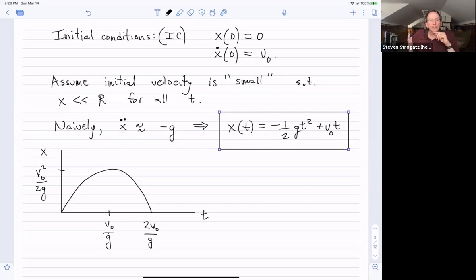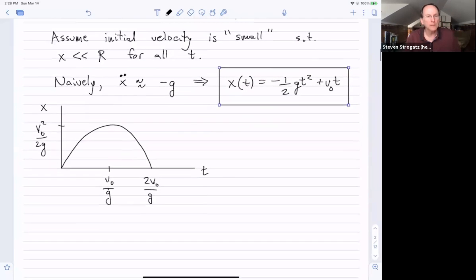But what we're really interested in is the corrections to all of these results that come into play when we take into account that gravity is not actually constant. Little g is going to be corrected slightly. So that's our question.